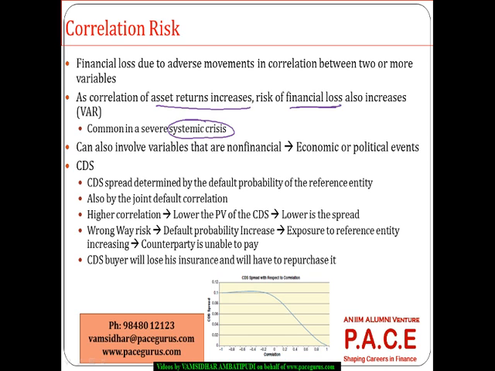A few more things which could also be understood is that correlation risk could also include non-financial variables. A few economic variables, like some kind of economic crisis occurring, the whole financial markets, all securities will move in the same direction.